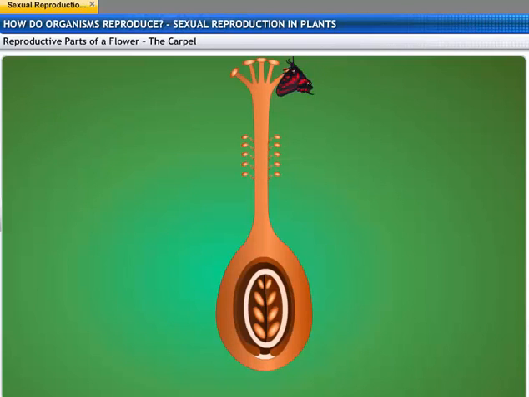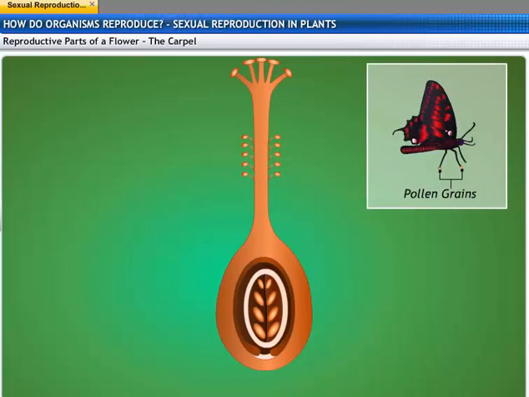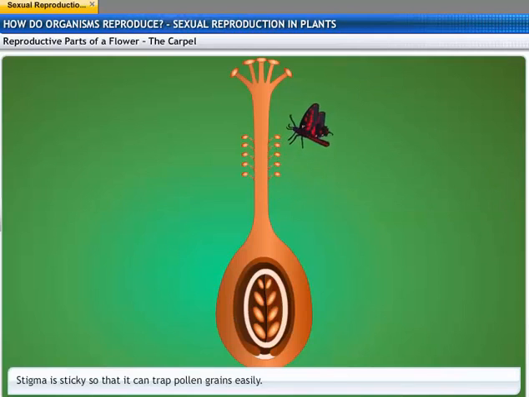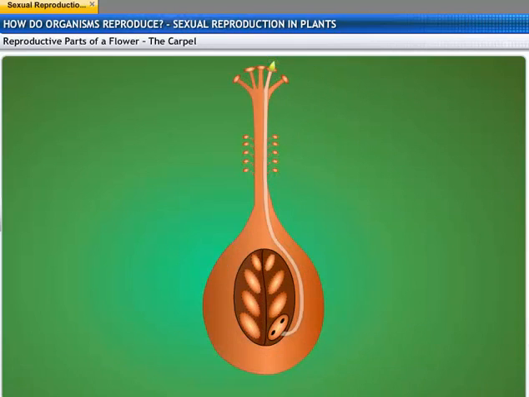True. Can you guess why it needs to be sticky? Oh, to catch the pollen grains, of course. That's right. When the butterfly carries the pollen grains from the stamen, the stigma can trap these pollen grains in its sticky surface. Then they can travel down to the ovary for fertilization.